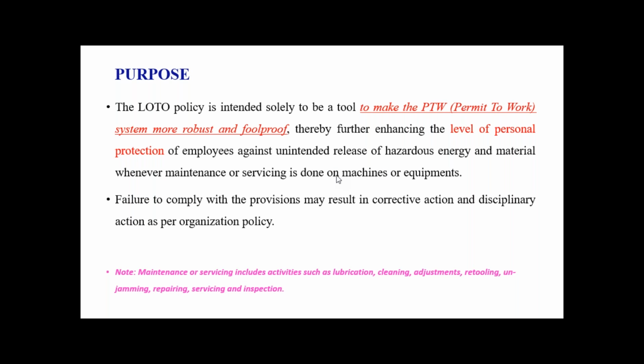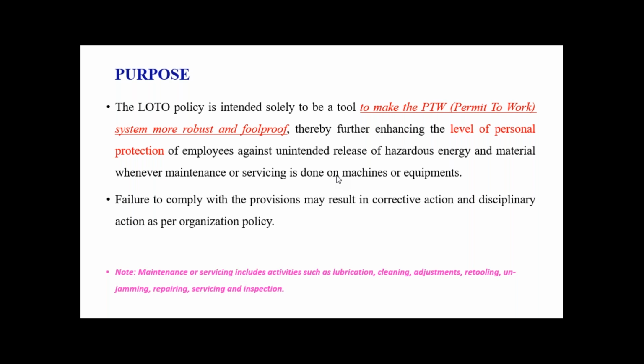So what exactly is the purpose of this LOTO? It is intended solely to be a tool to make the PTW, that is the permit to work system, more robust and foolproof. So normally when we are working in an environment where a permit to work system is to be applied, for example in confined spaces, especially where the oxygen level is less than 19.5 or more than 23.5.